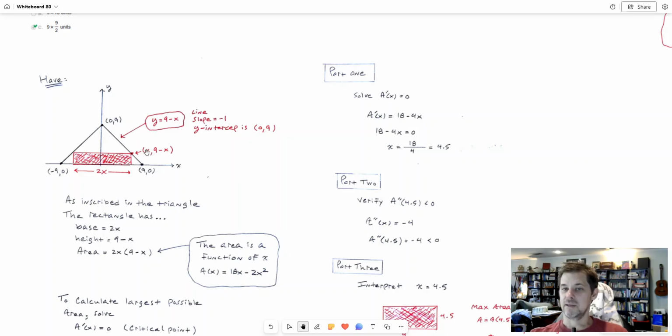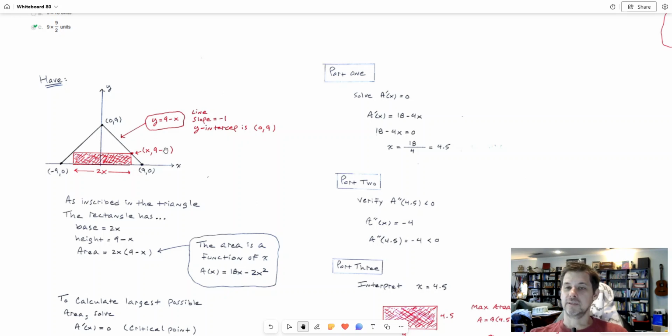Okay? And the x coordinate is half of its width. Why do I say that? Well, to get to this point, we're saying you go right x and you go up y. So going right x is half of the width. So if I double that, I get the whole width.